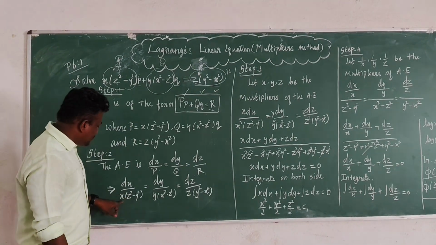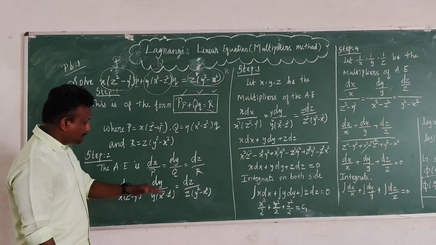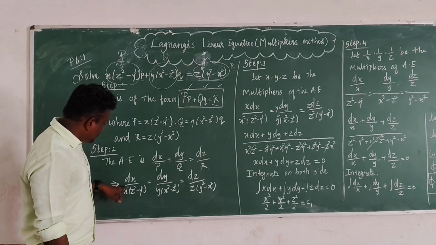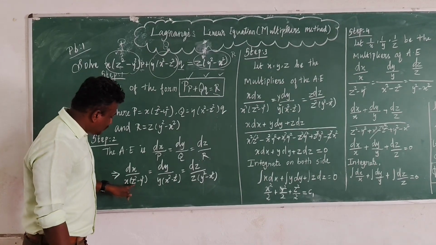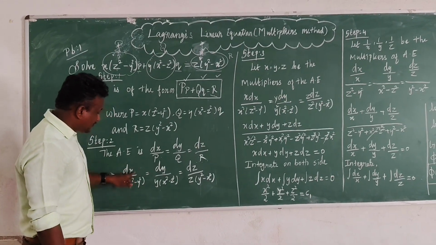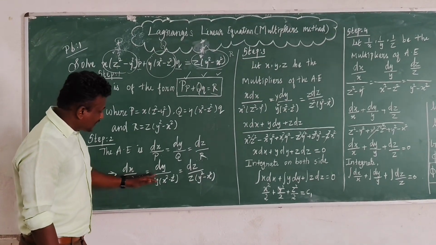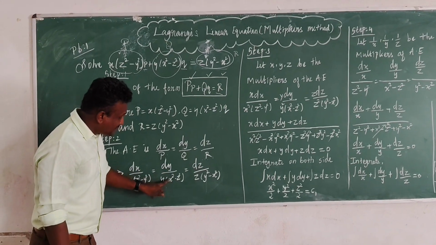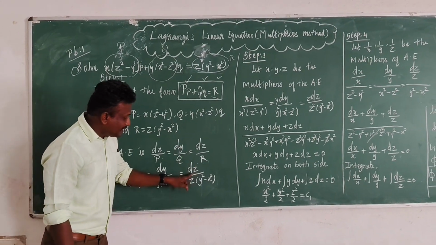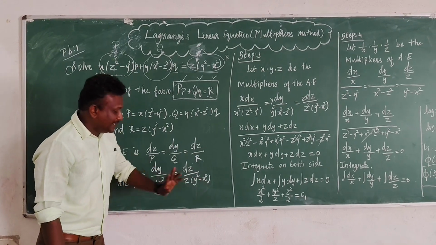So I am checking whether the variables got separated or not. dx is divided by x, still we have z and y in it. Similarly, in the y derivative we have x and z also. In the z derivative, we have x and y variables also.